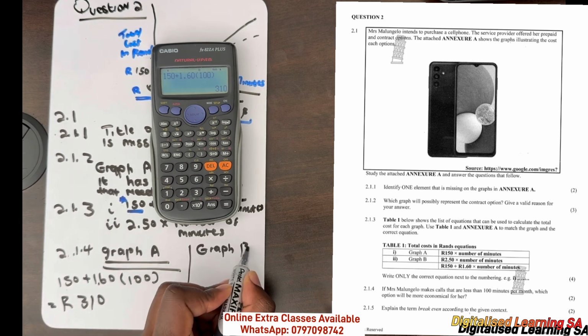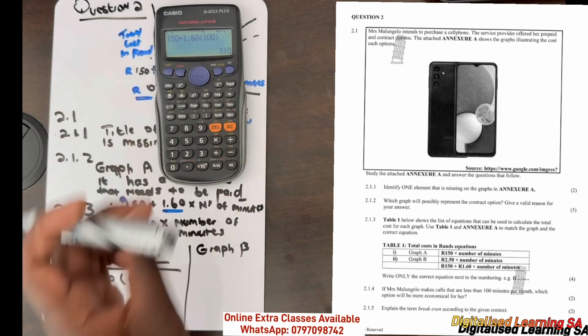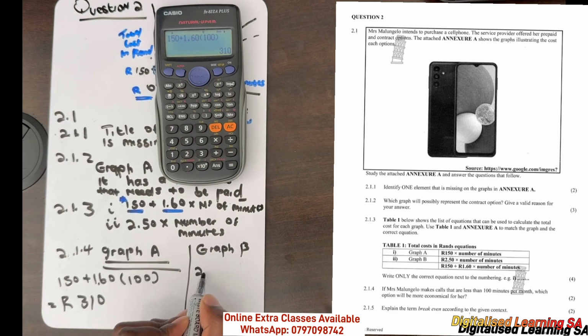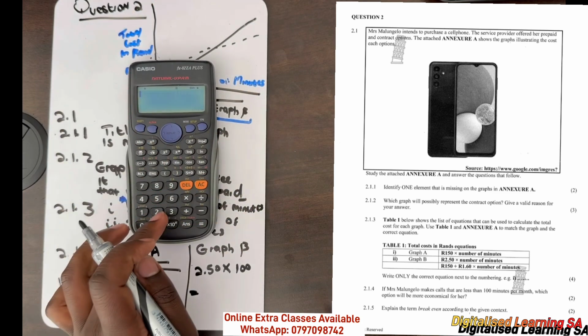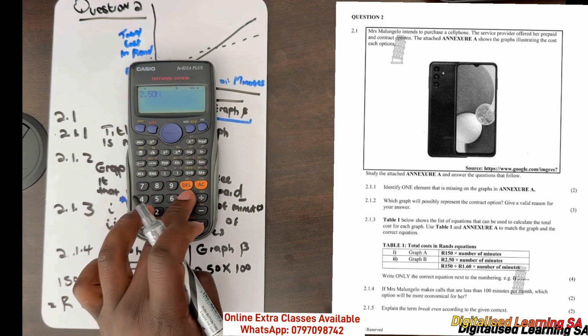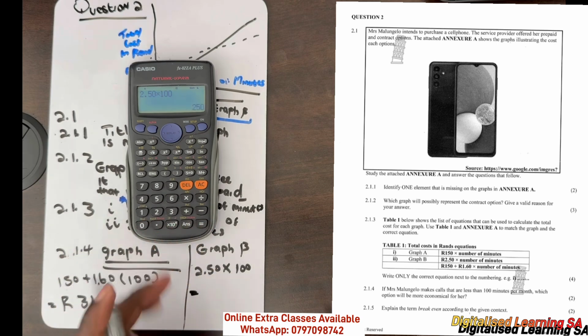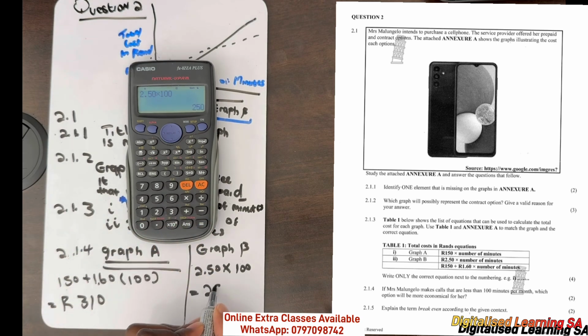Okay, so for graph B, let's do the same. Graph B, and we know that the equation for graph B is 250 multiplied by the number of minutes. So we'll just multiply by 100 minutes. And if we plug that on our calculator, we'll have 250 multiplied by 100, and our answer will be 250.